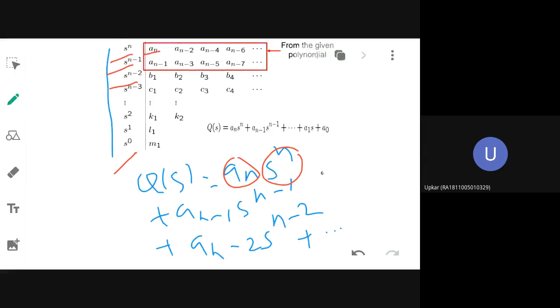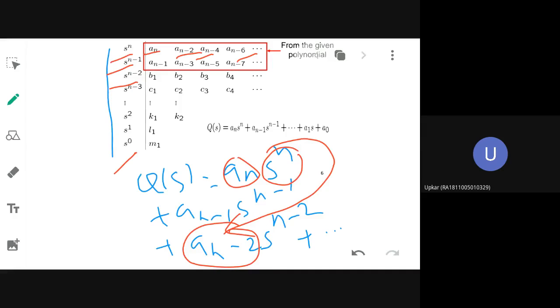So the next alternate term is a_(n-2), which you have to write here. Then the next term will be a_(n-4), the next a_(n-6). So all these row elements will be filled by looking at the coefficients of the given polynomial.